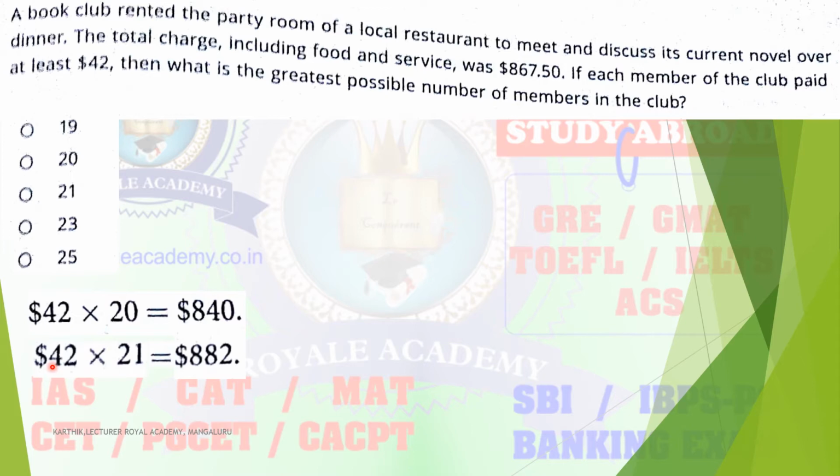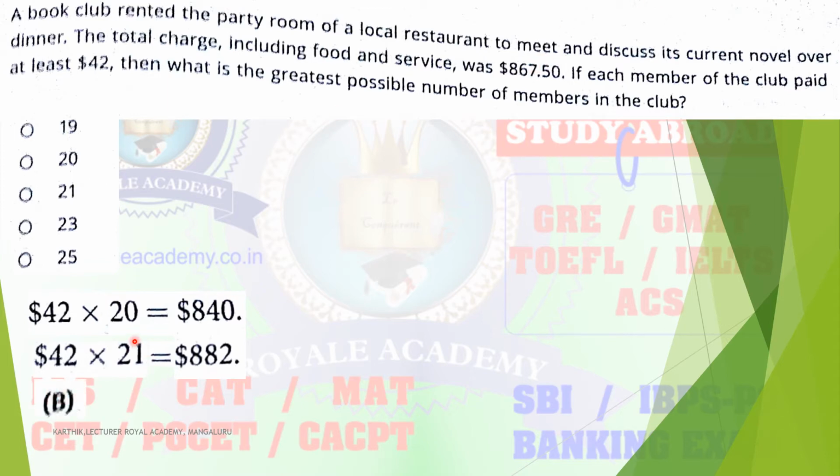So option 20 is correct. It is 840, and some members can pay more than 42 rupees, which will match 867.50. With 21 it is more than the amount of the club, so that option is not correct.